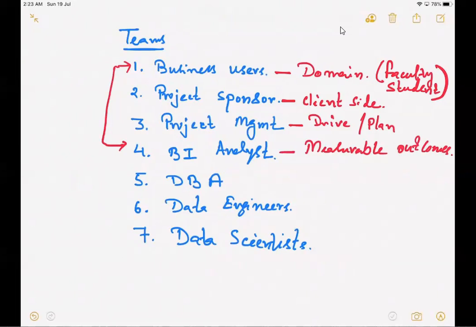The business analyst, on the other hand, goes forward and tries to figure out what can be measured from this particular business process. For example, if we are doing an analytics project for a supermarket, and bringing new stock is one of the processes, when I bring new stock, what should I be measuring as part of that process?